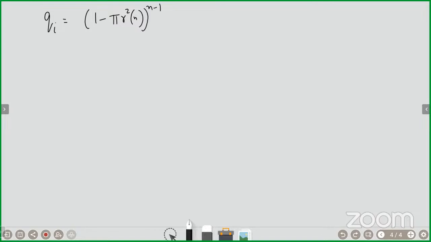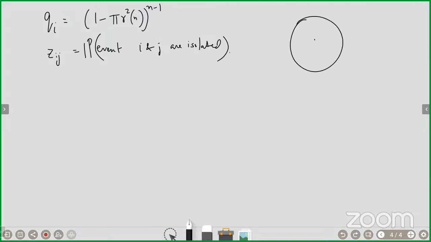What's Z_IJ? Remember the event. There is some I, so this is radius R and this is J, and both of them are isolated. What does it mean?